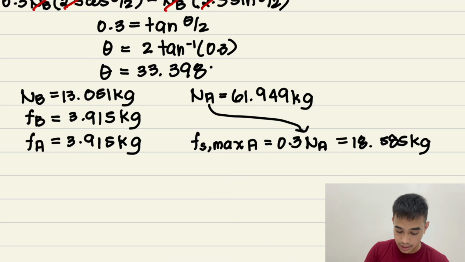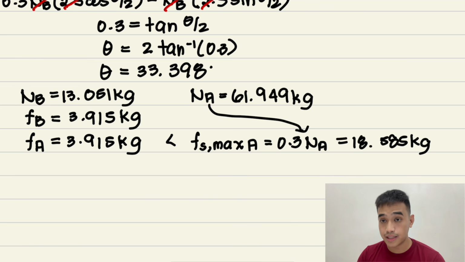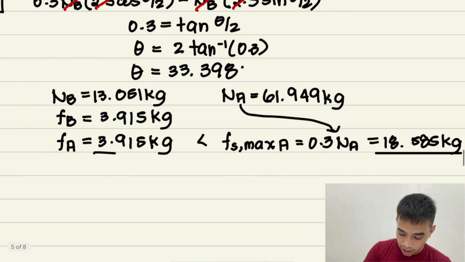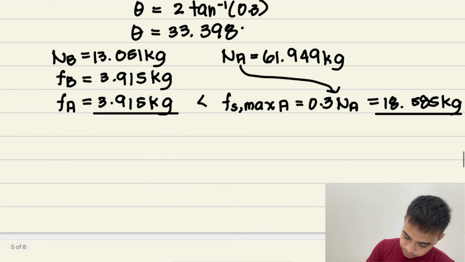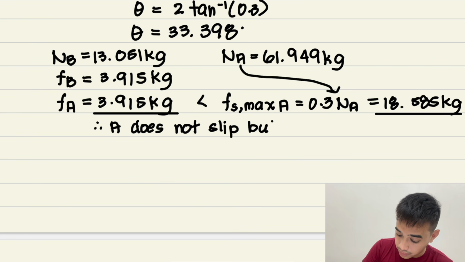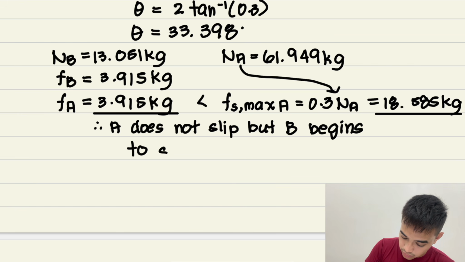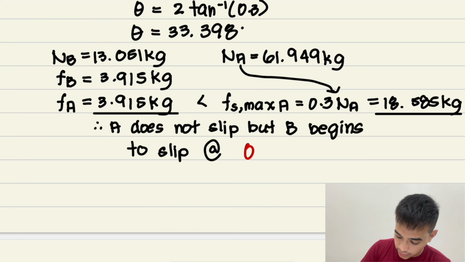And this means since our FA is smaller than this maximum, we can safely know that at point A, the ladder is still not slipping because it requires 18.585 kilograms of applied force before it begins to move. And since we only have 3.915 kilograms, then our assumption that point B will slip first is correct. So we can say that A does not slip, but B begins to slip at our solved theta of 33.398 degrees.